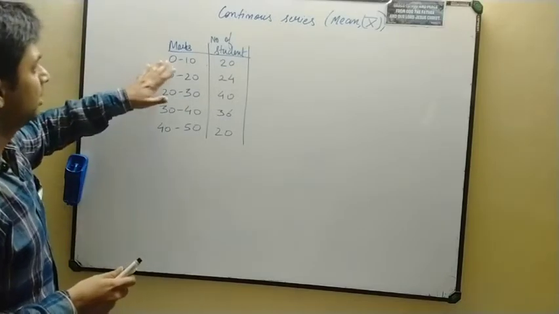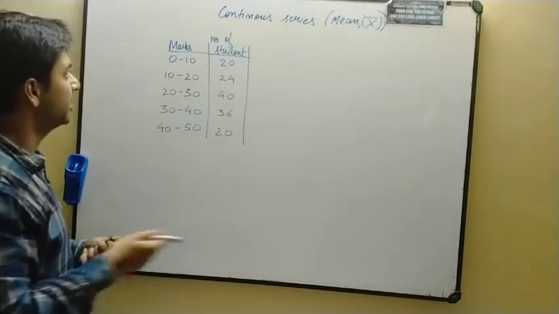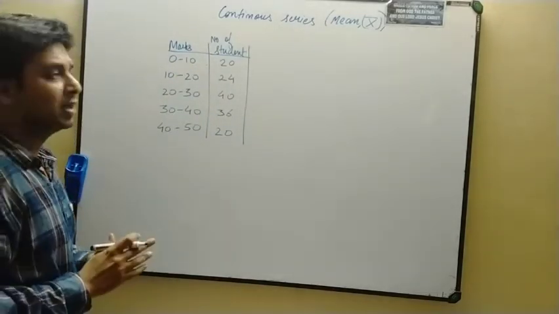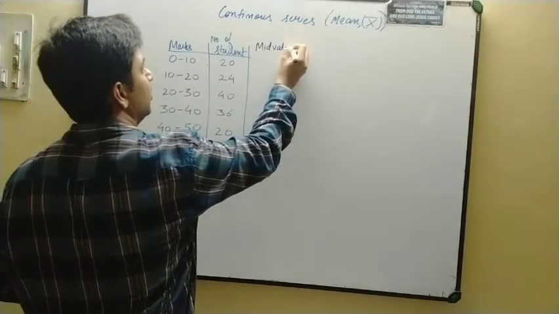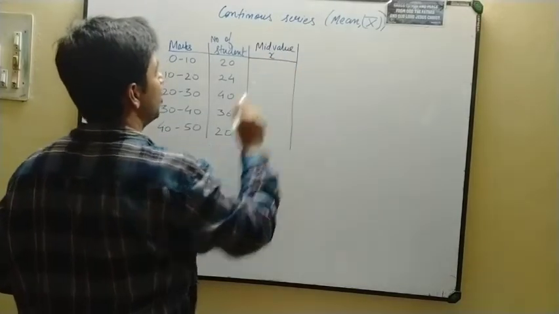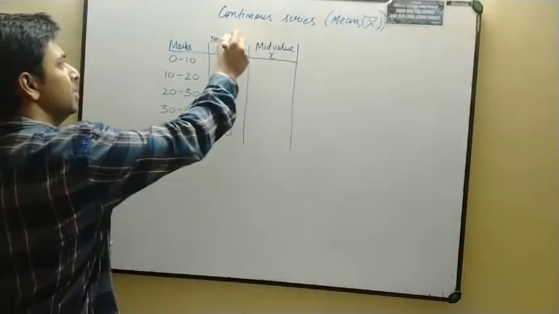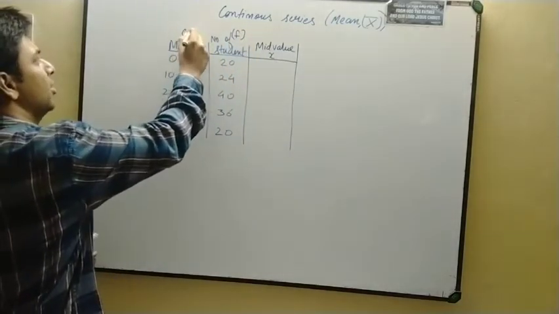Now how to proceed in this continuous series? Considering this mid value, which is x: in discrete series we already had x and the frequency f, and right now this is the class interval.